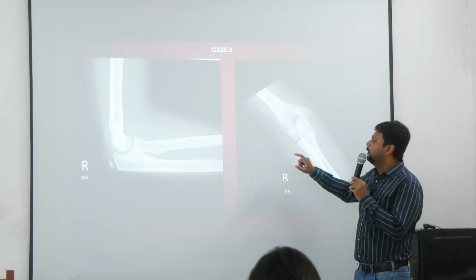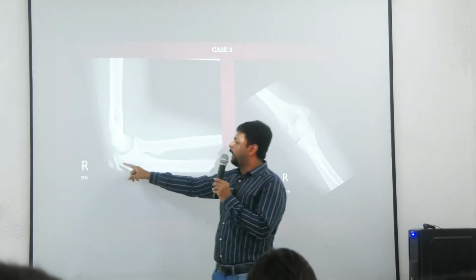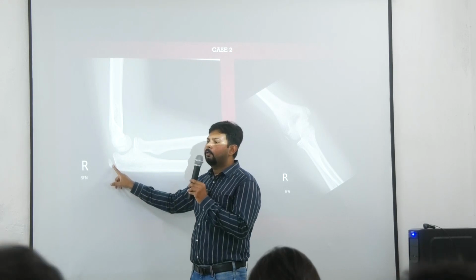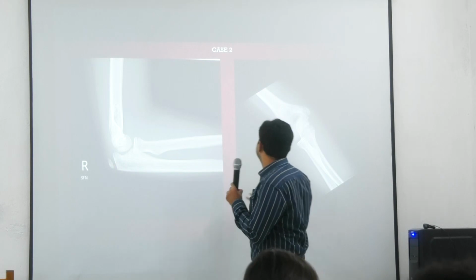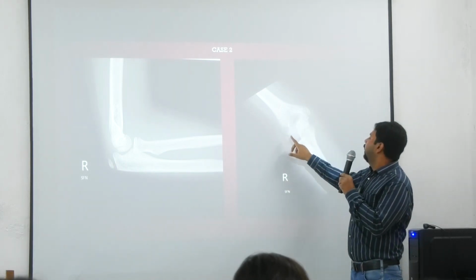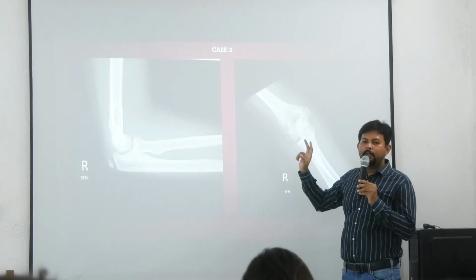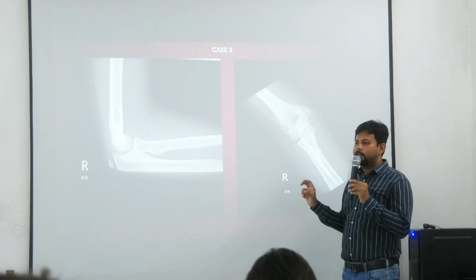And তাহলে tip of olecranon process has appeared 9 years, ঠিক আছে, not fused. Fused কখন হচ্ছে 14, তাই তো 15, ঠিক আছে. So the age would be above 10, below 14, above 10, below 14.